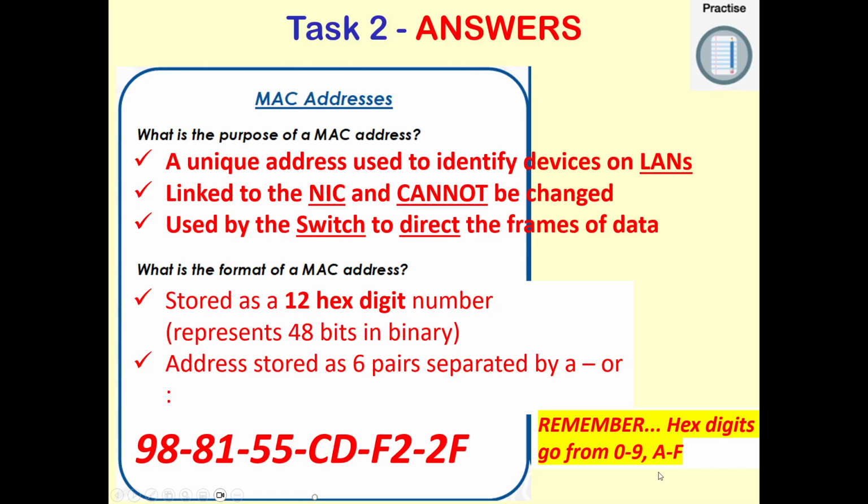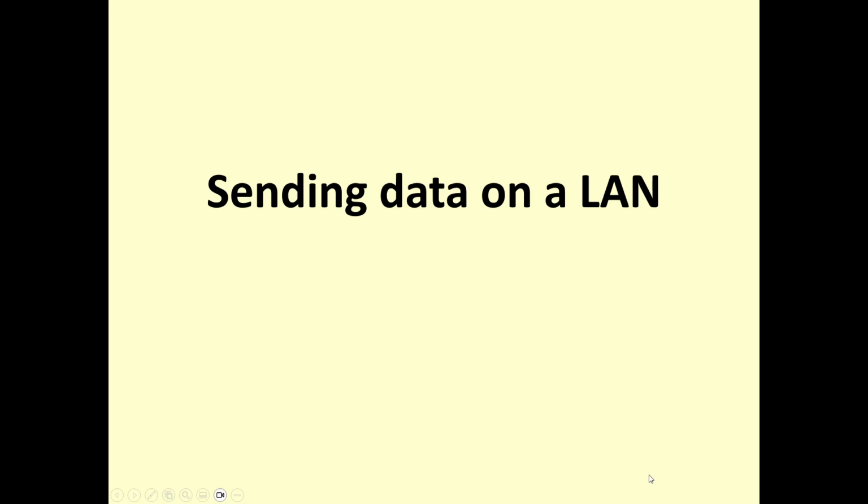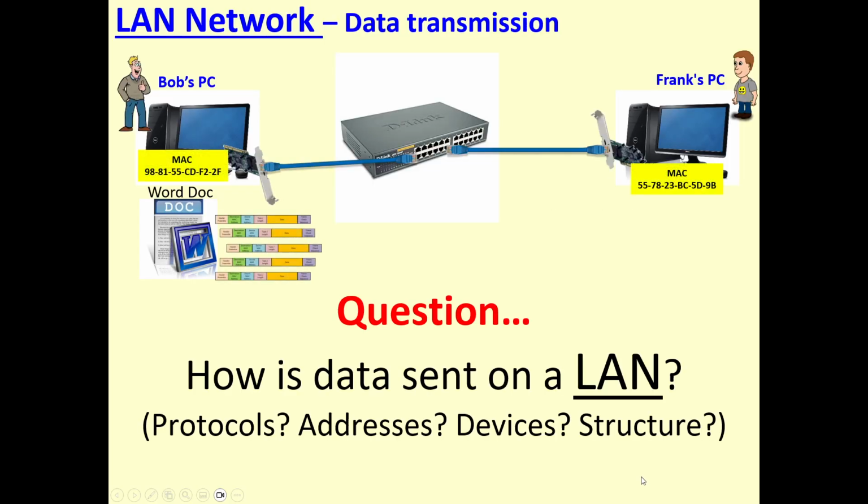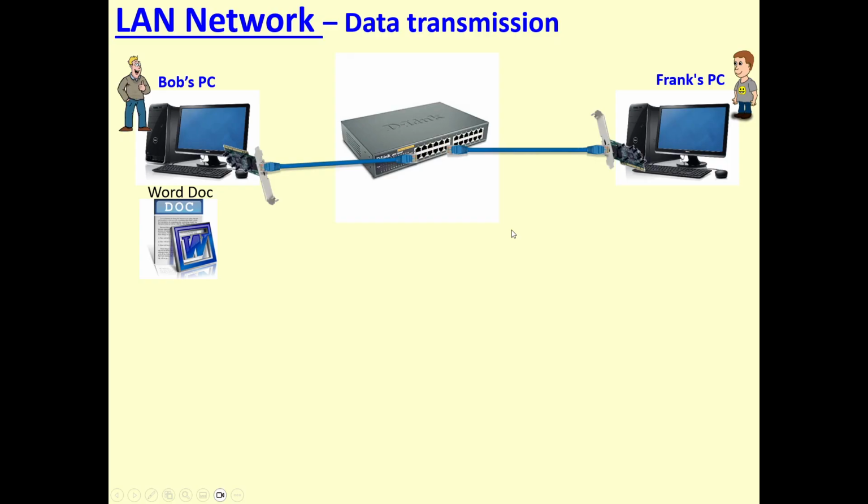Then let's move on. Okay, so we know what MAC addresses are, but how is the data actually sent on a LAN? Well, every device we know has got a MAC address. They are connected to a switch using Ethernet cables.